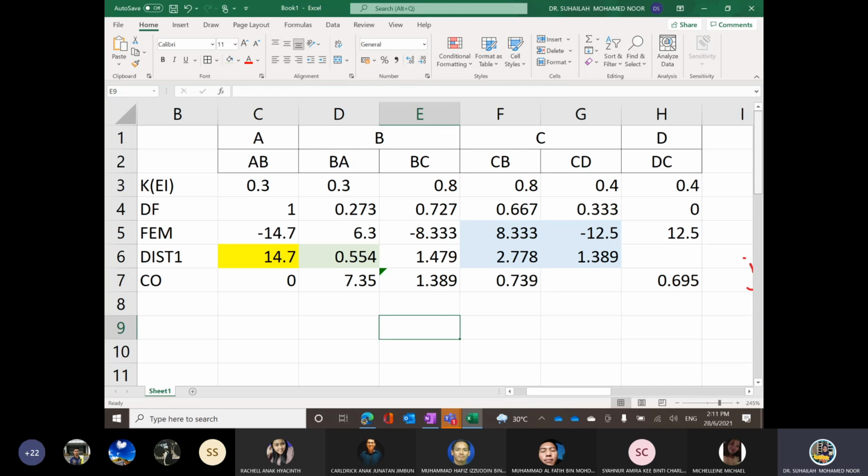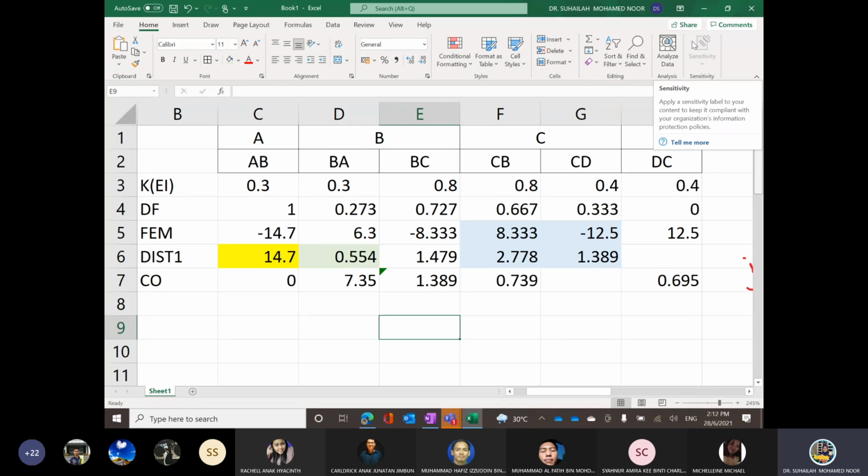For distribution, we must understand the process whenever we want to distribute moment. The moment that we distribute is actually the joint moment, which is opposite to the member end moment. We must multiply with the distribution factor, the factor that we calculate from the stiffness factor. After distribution is carry over.